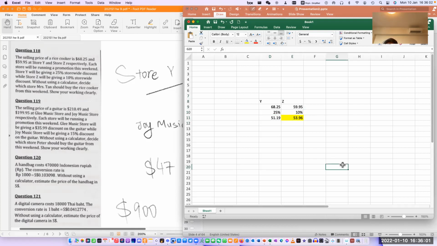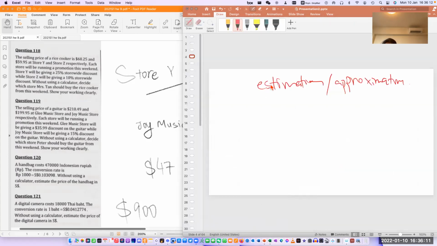So you use estimation. What is your estimation thought process? You can't use a calculator.